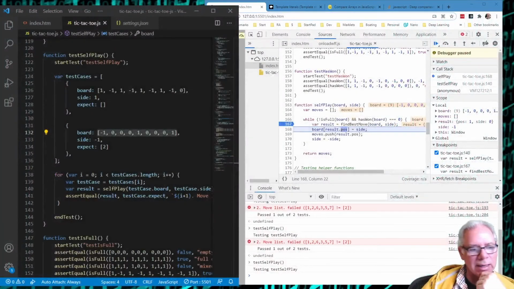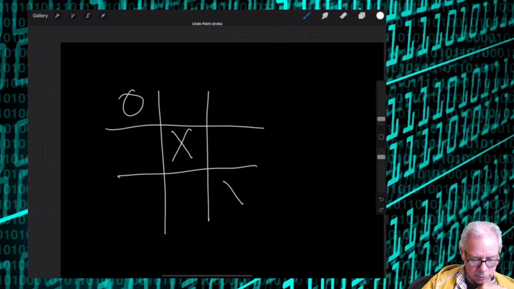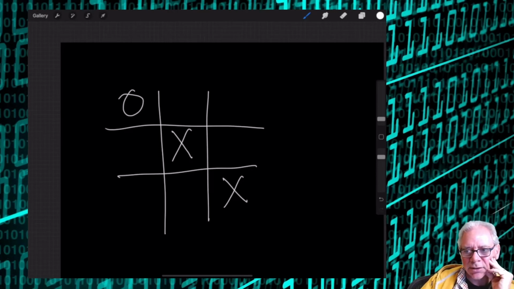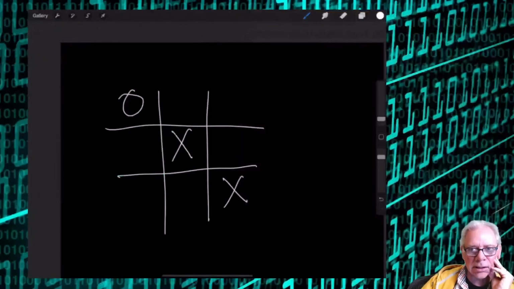So we had this list here saying when we start from this position, I think we said position was this one. That's our position, and O is to move first. Then we end up with a sequence of moves that, instead of beginning with O moving in the number 2 position here, let me show you that, instead of O moving in this number 2 position, it is moving instead to this number 1 position.